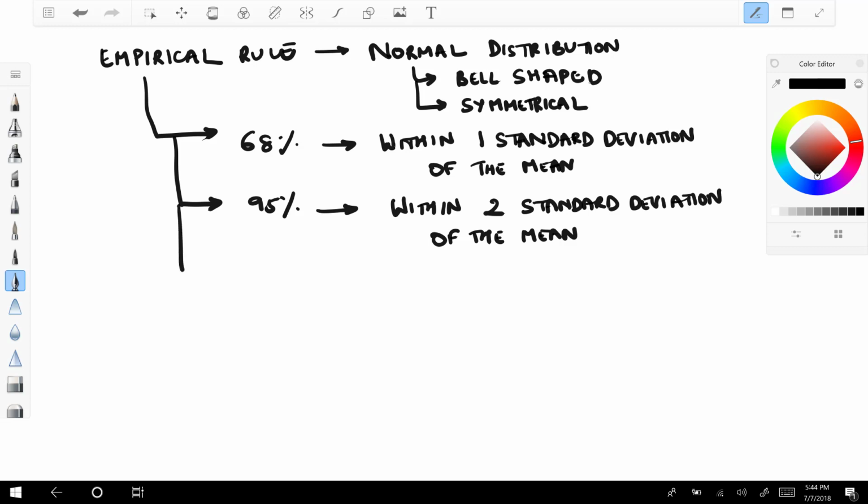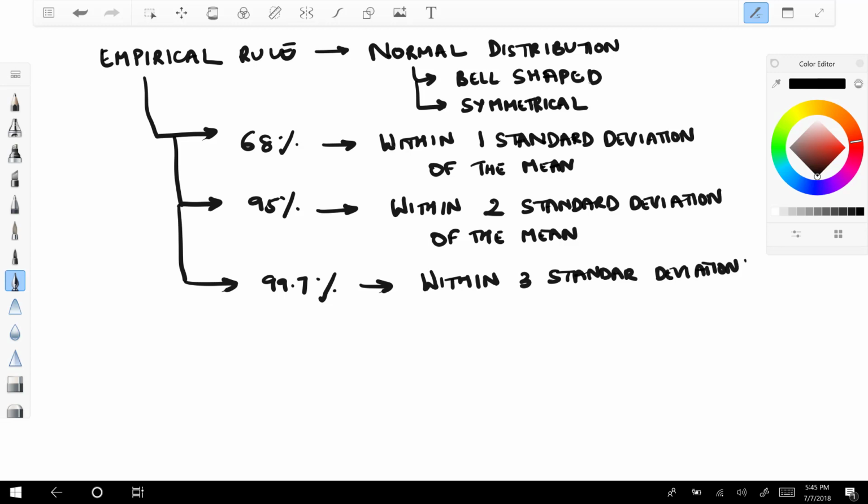And 99.7% of the data will be within three standard deviations of the mean.